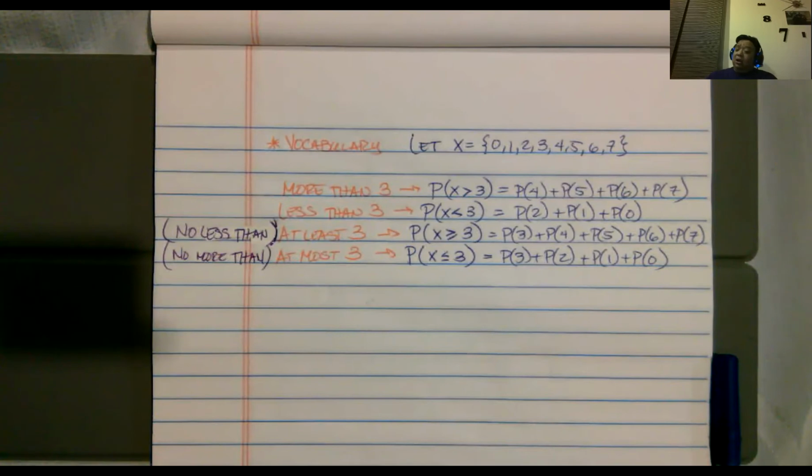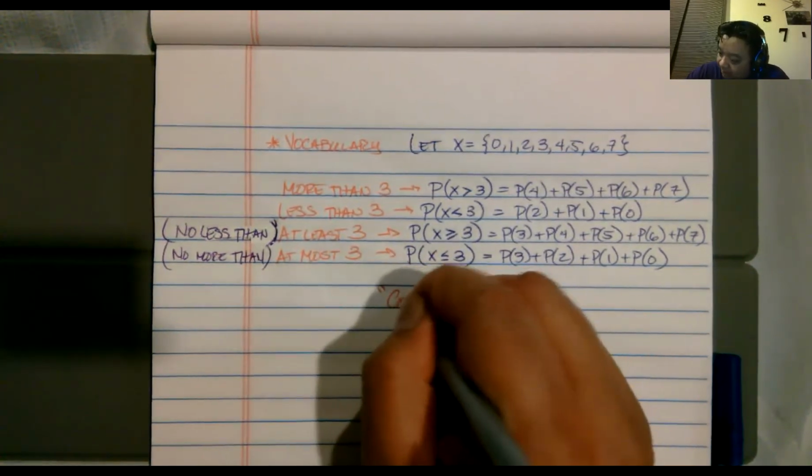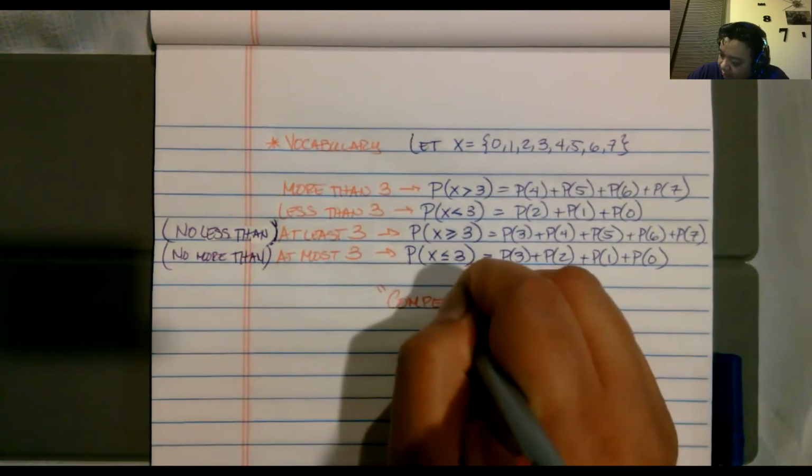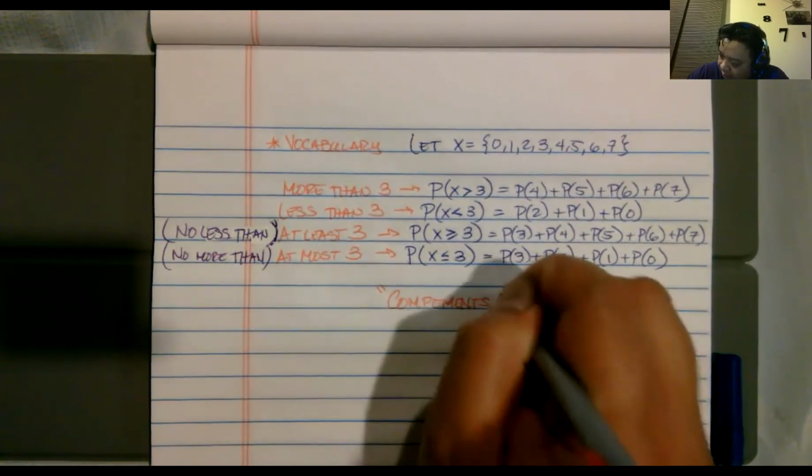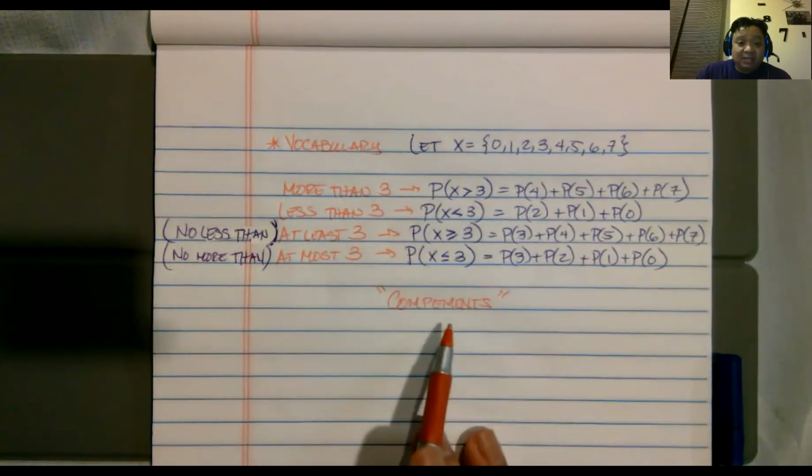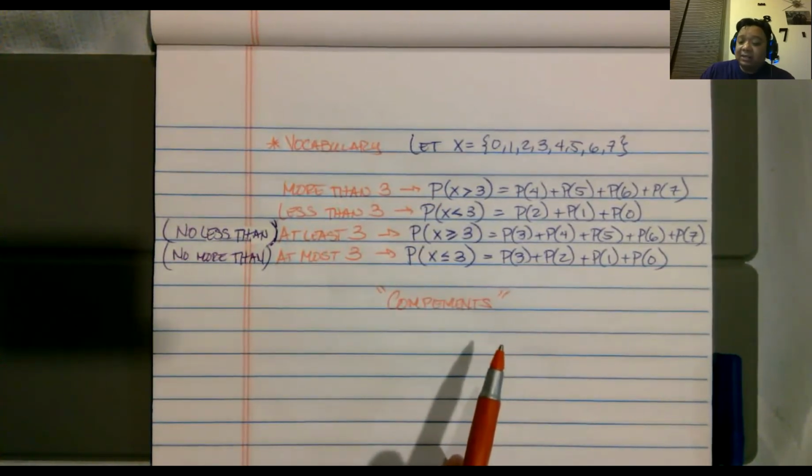All right, now along with these, we are gonna be using your complement rules with these sort of vocabulary. So we need to talk about which ones are complements of each other. So between these, which ones are complements of each other?